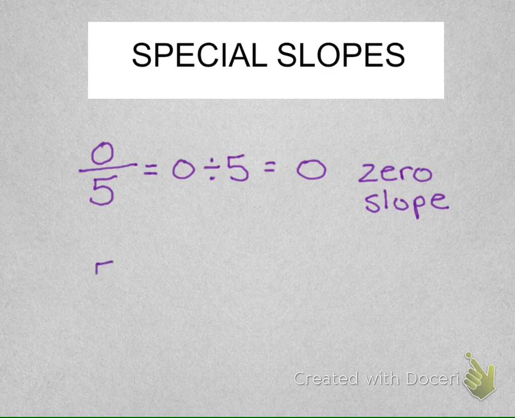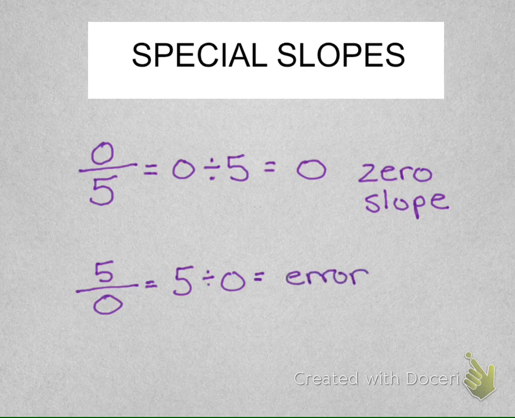If we reversed it and did 5 over 0, the 0 is under. That would be 5 divided by 0, and the calculator would tell you error. That is an undefined slope. And for now, we can leave it at that.